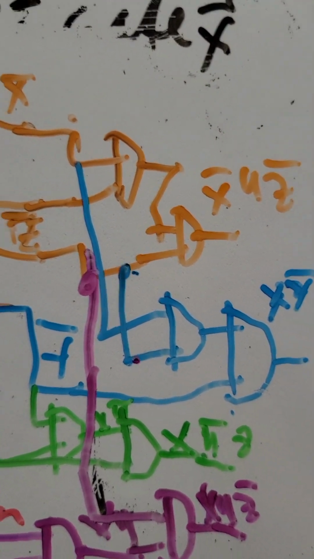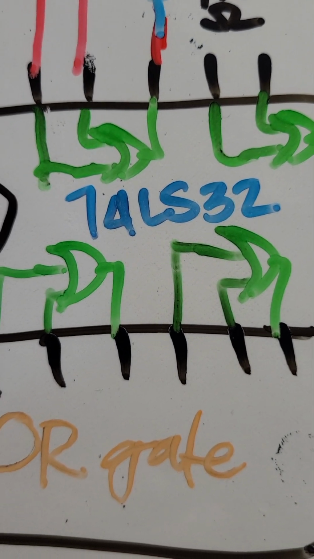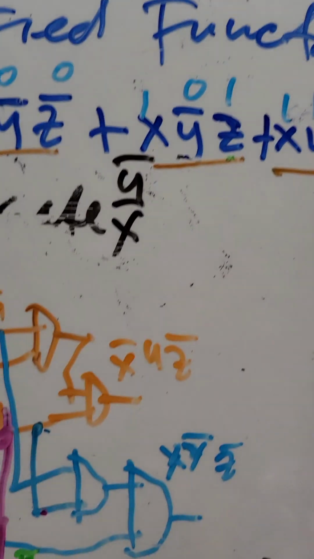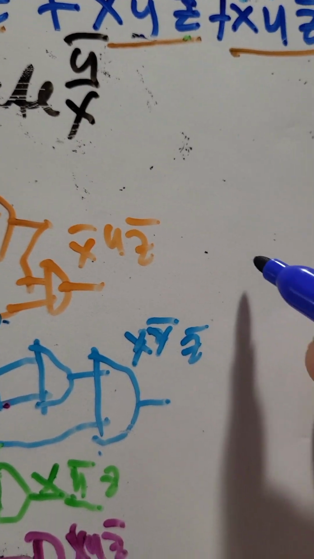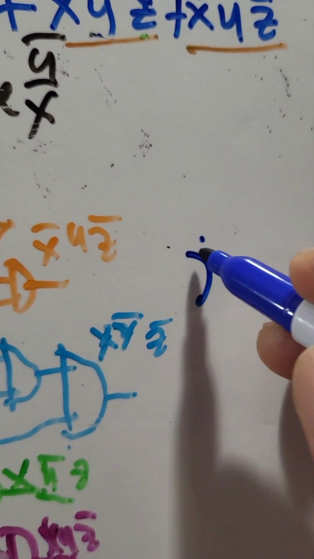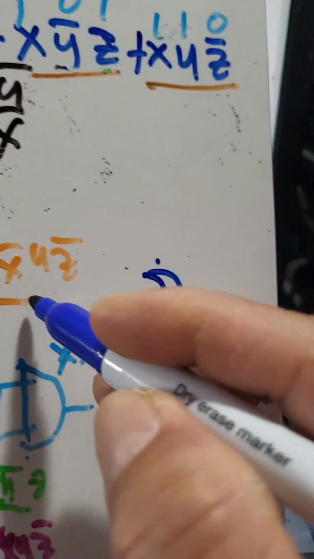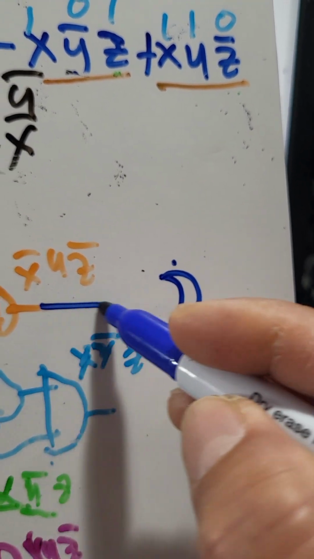You have to OR them, using this OR gate, 74LS32. So make an OR here, 2 inputs. We limit our input to 2.